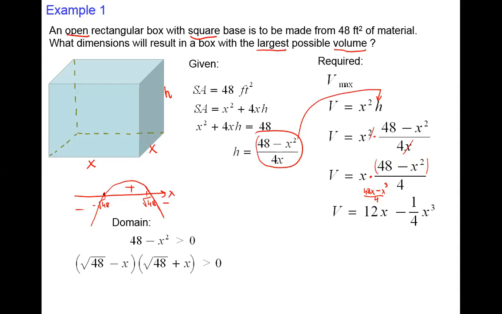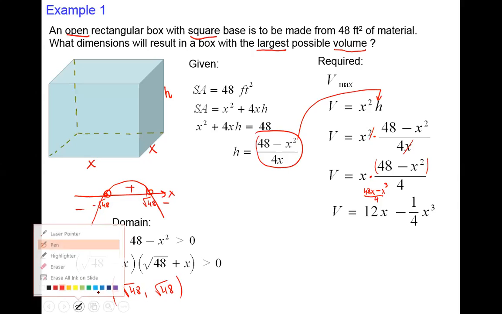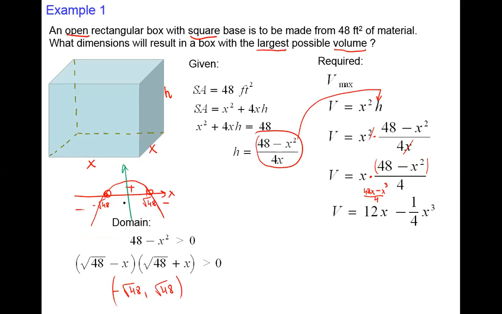That means I can only take numbers between, not even including these because this will give me 0, between negative square root of 48 and positive square root of 48, which, however, even the negative square root of 48 is not really good because we have to cut this in half because we're only looking at positive numbers.